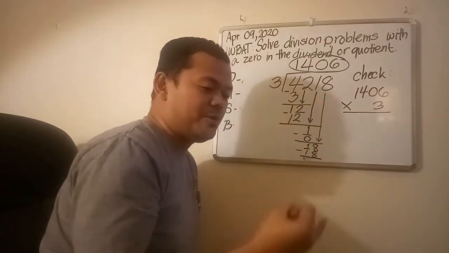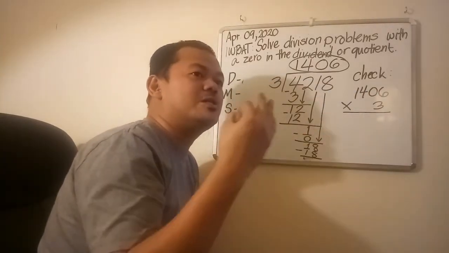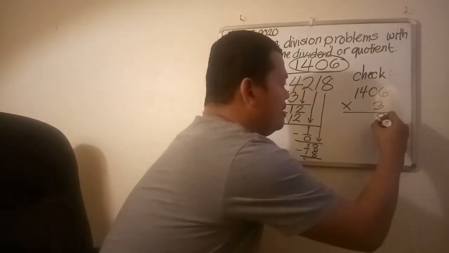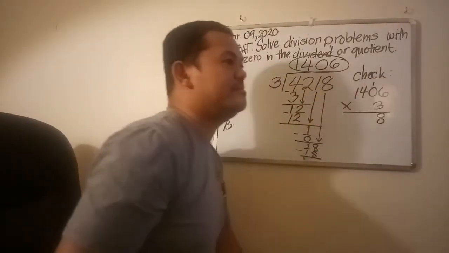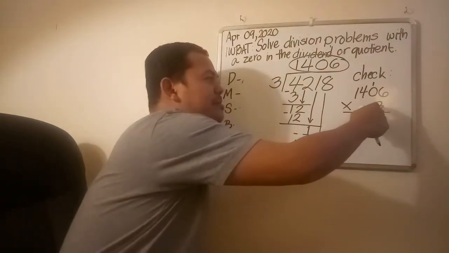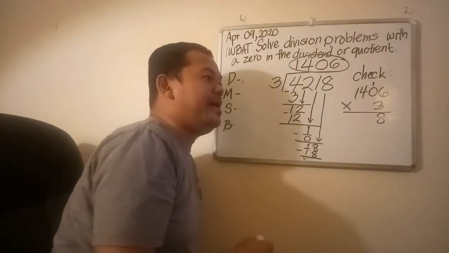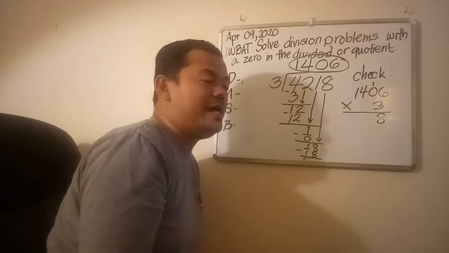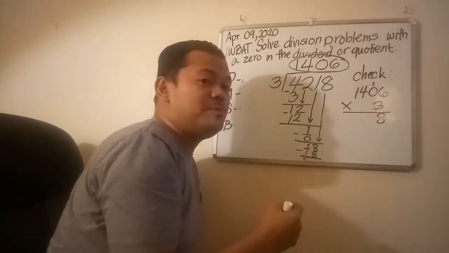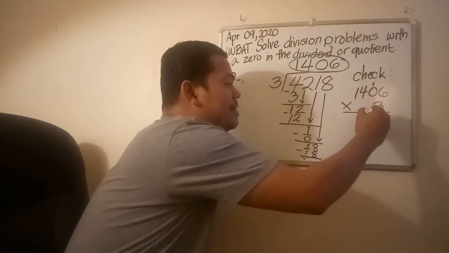Okay, now let's start by 3 times 6. Ready, begin. 3, 6, 9, 12, 15, 18. How much? It's 18. Right here, 8, carry 1. Okay? Now, 3 times 0. Any number you multiply to 0 is 0, right? 3 times 0 is equal to 0 plus 1. 0 plus 1 is equal to 1.